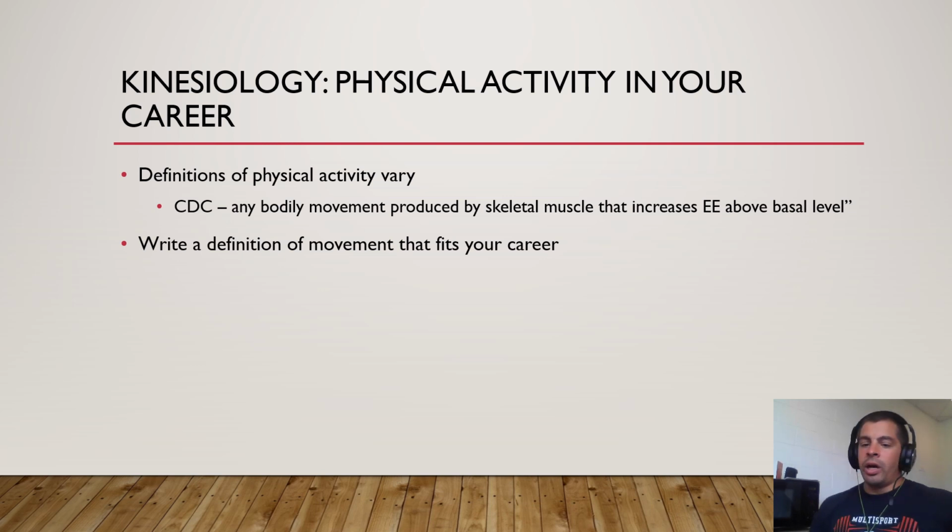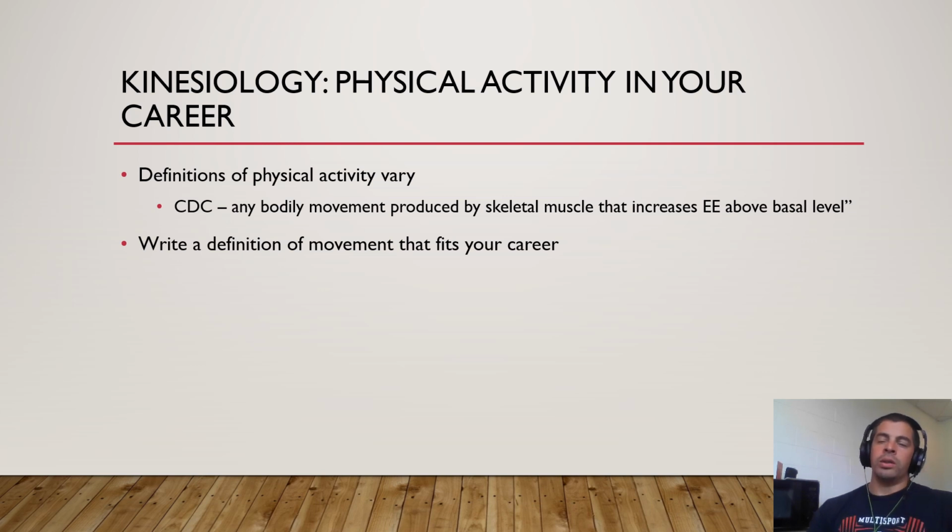Like I said early on, definitions can vary for physical activity. The textbook provides this definition from the CDC, which is different than ours. The CDC's definition is any bodily movement produced by skeletal muscle that increases energy expenditure above basal levels. So they're talking about energy expenditure, basal levels, skeletal muscle.